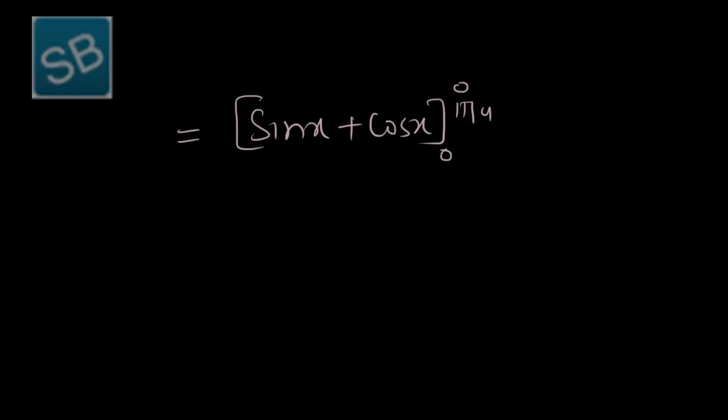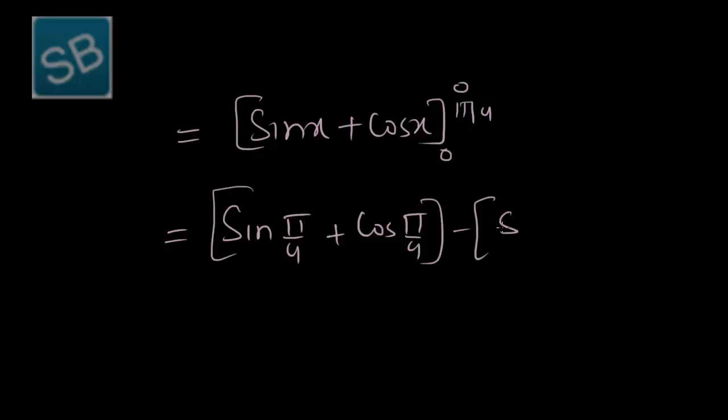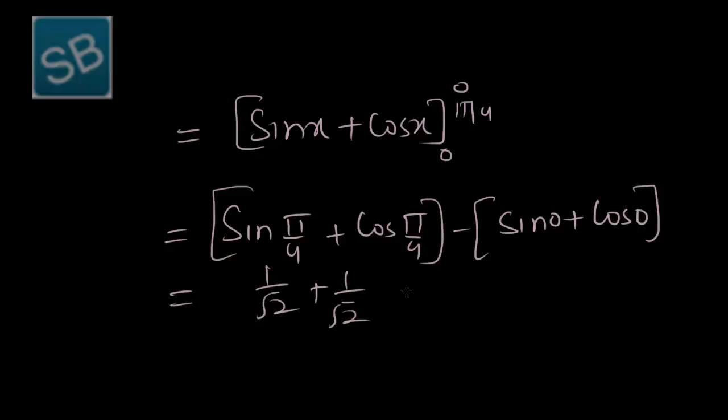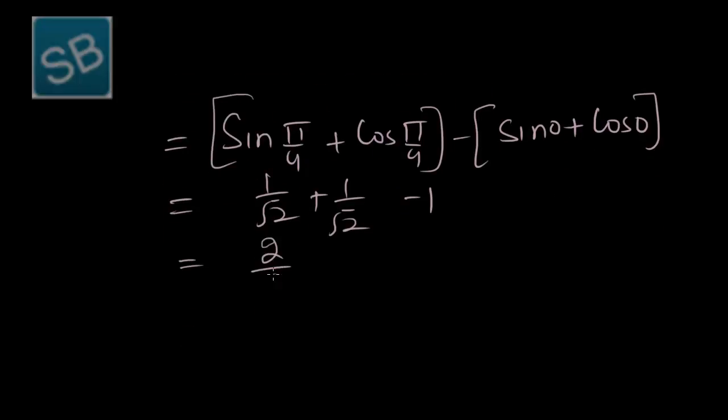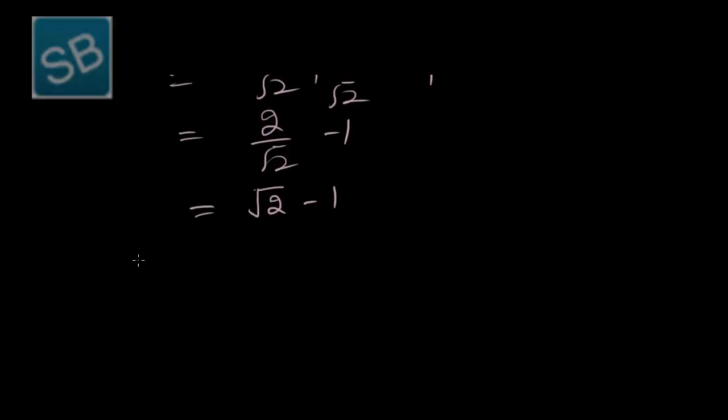So by the fundamental principle of integration, we get sin pi by 4 plus cos pi by 4 minus sin 0 plus cos 0. So we get 1 over root 2 plus 1 over root 2 minus 1. That is 2 over root 2 minus 1, that is root 2 minus 1.